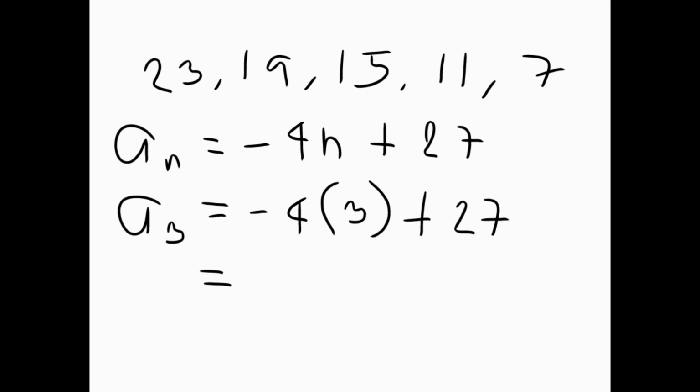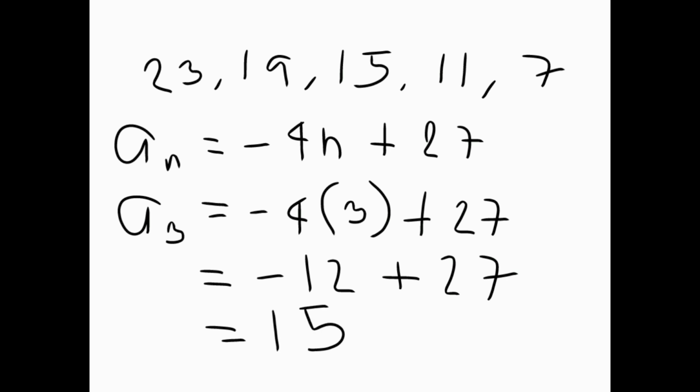Negative 4 times 3, that is negative 12, plus 27. And negative 12 plus 27, we have 15. And 15 is our third term here.